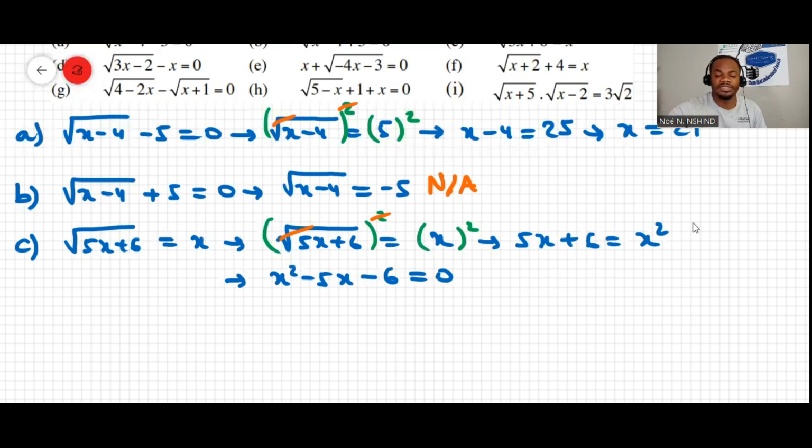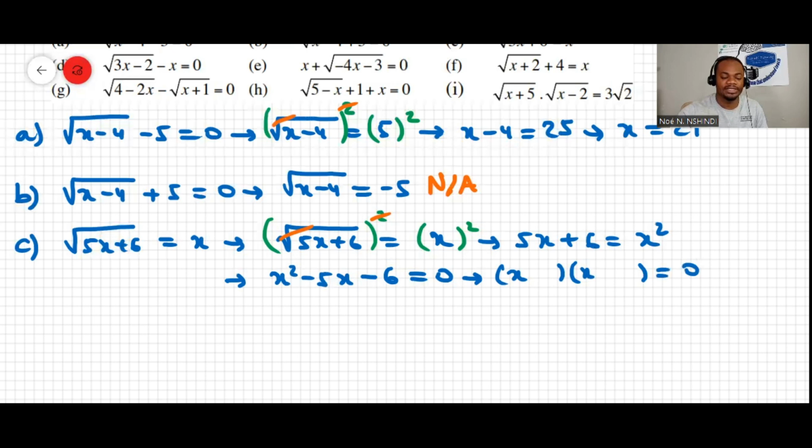I move the positive 6 over, it becomes -6. So 0 is left here. Then we have a quadratic trinomial where we can solve this by factorization.